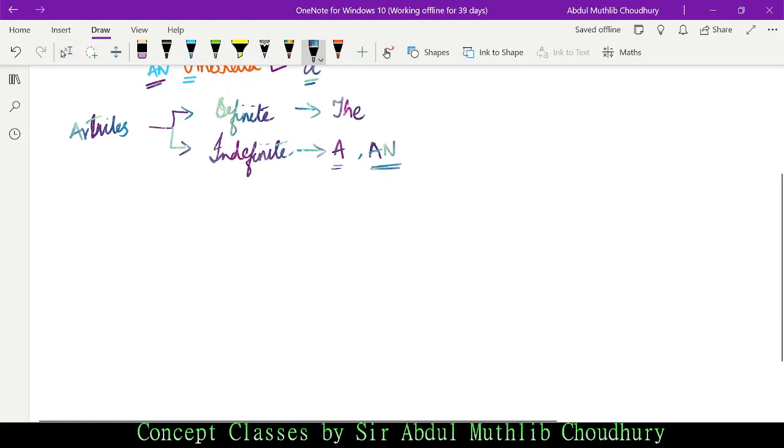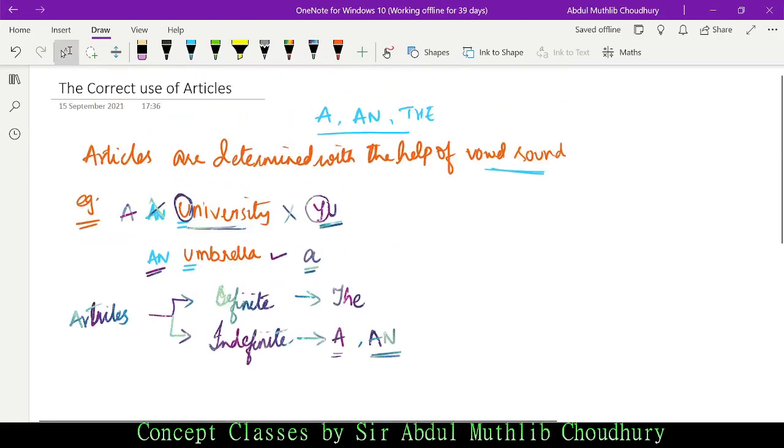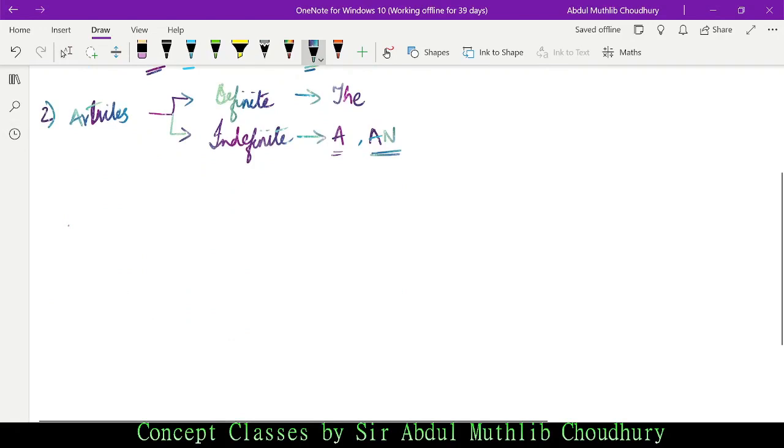Now again another concept. I hope you have been noticing this. This is the first concept. The second concept I have not used with the correct use yet. Let me just brush up your concept before I jump into the topic. Number 3 is articles come before what?